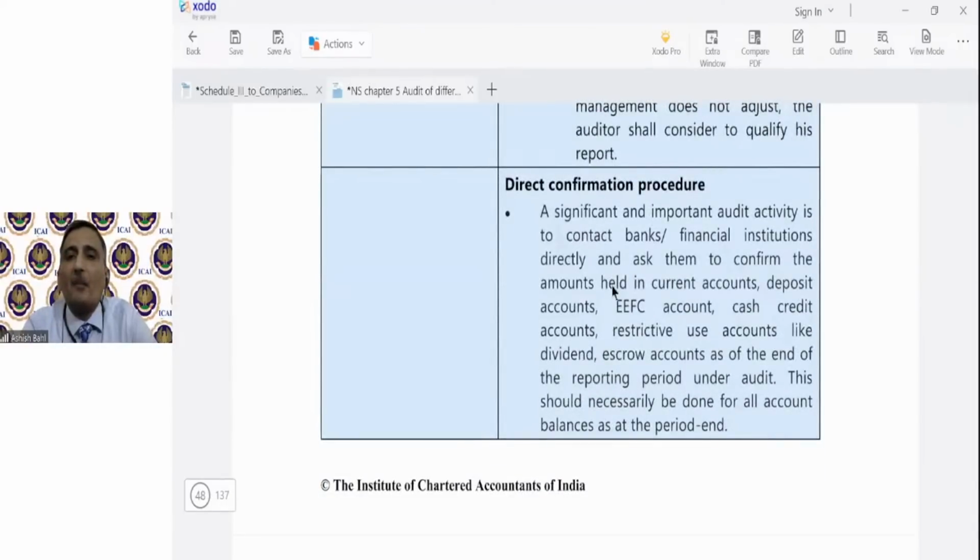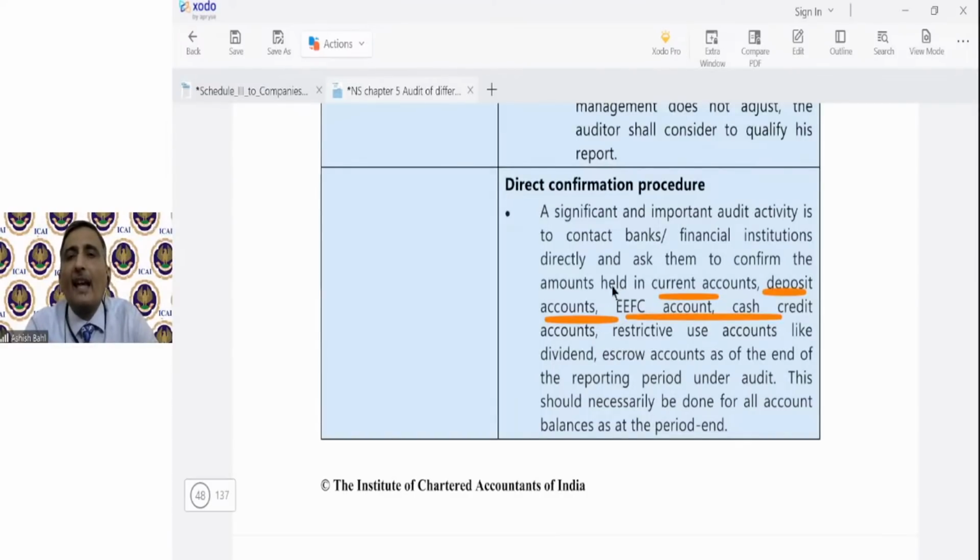And direct confirmation procedures. So students, auditors also can obtain confirmation from banks regarding the balances which are maintained by the company in various banks, in various current accounts, in various deposit accounts, in cash credit accounts, these are loan accounts, and in EEFC accounts.